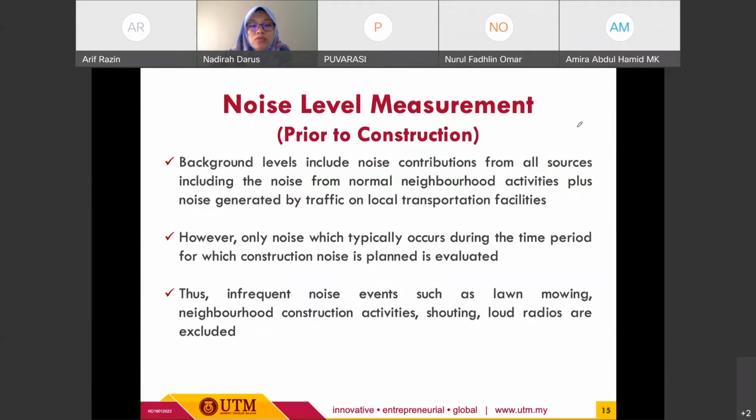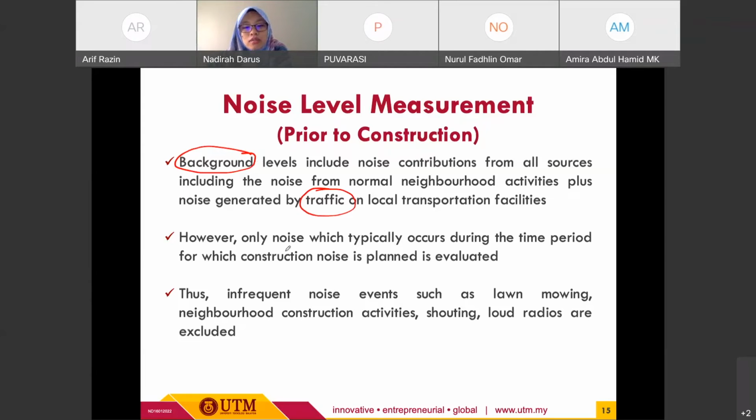Sama juga relates to the first stage of the noise level measurement prior to construction. Dia focusing on the background noise level itself. Maksudnya dia dah measure, dia tahu the information of the sound level or noise level for the ambient surrounding. So dia dah tahu based on various sources, macam apa existing neighborhood activities plus nearby traffic noise. So that one will contribute as background noise level.